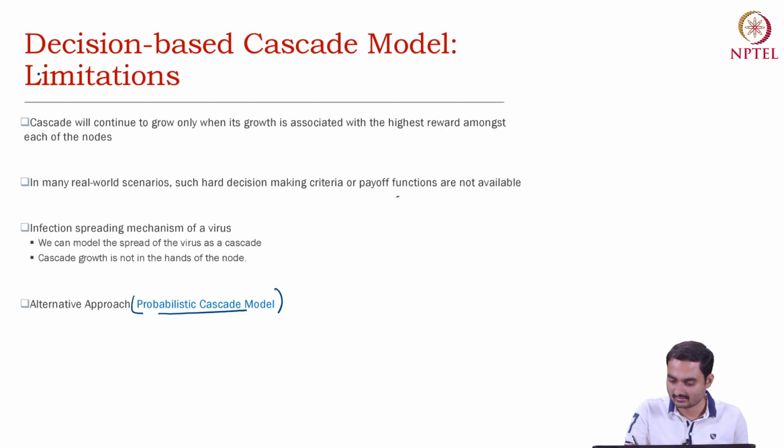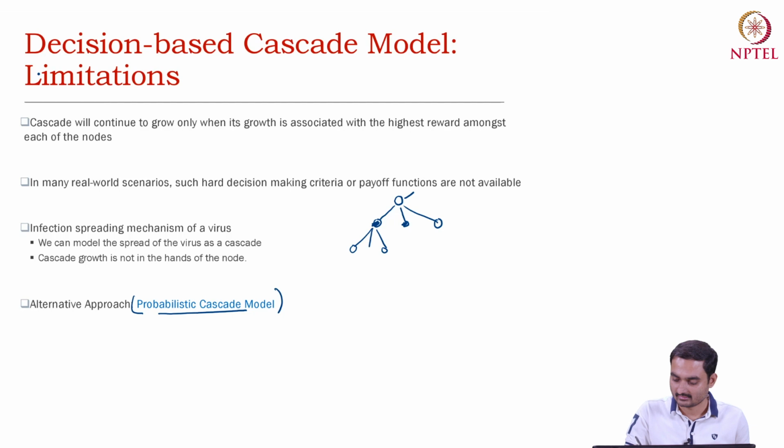Say this is the node, and let's say the node has 3 neighbors. All these 3 neighbors have come in close contact with this node, but only these 2 neighbors have got infected.